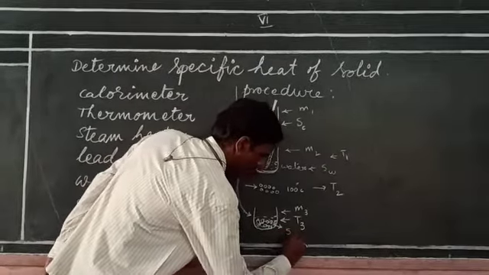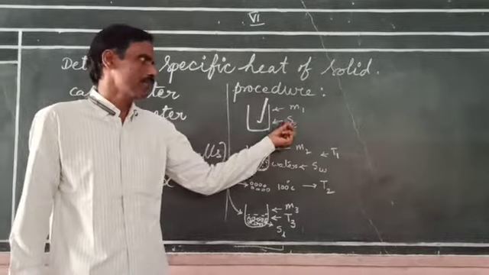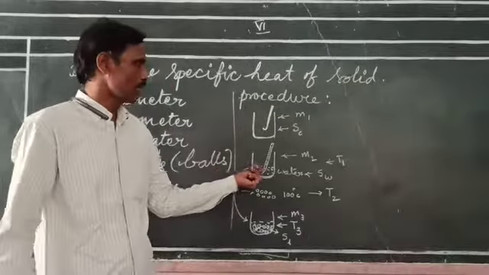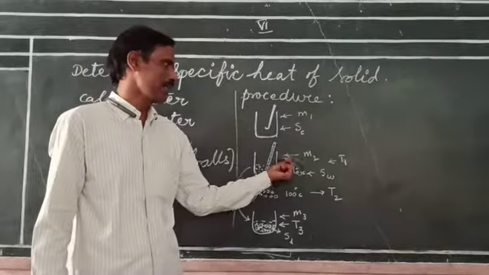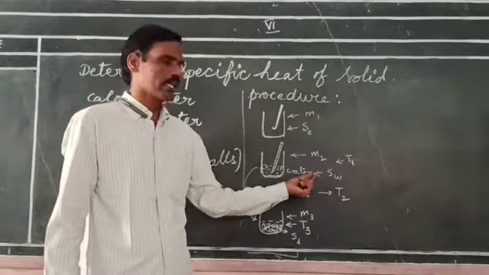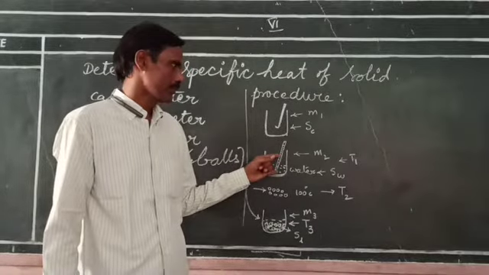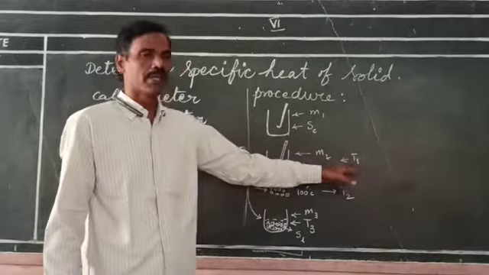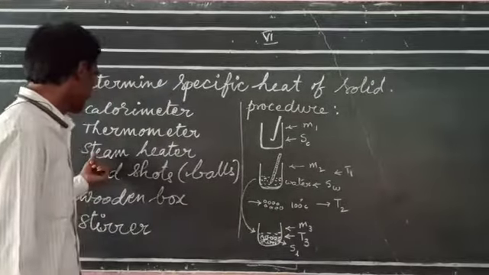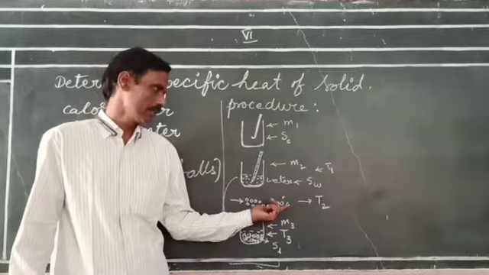Here, the mass of the calorimeter is M1. Let the specific heat of the calorimeter be SC. Now, taking 1/3 of water in the calorimeter and finding the mass as M2, let the specific heat of water be SW. Now, the temperature of water along with calorimeter is T1. Take some lead shots, and using the steam heater, heat them up to 100 degrees centigrade.